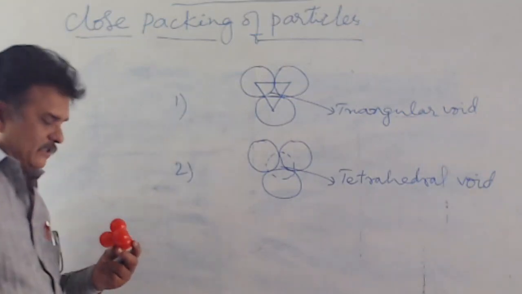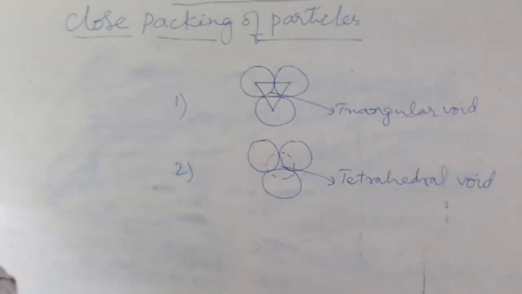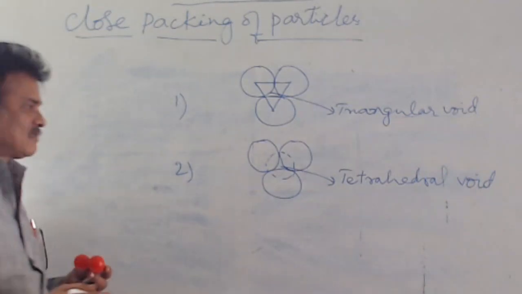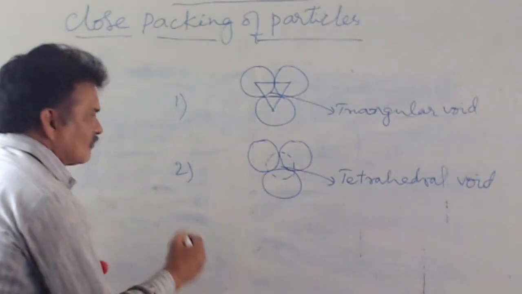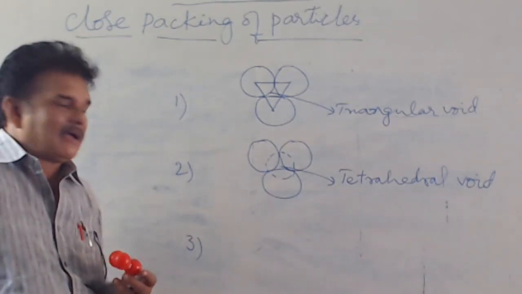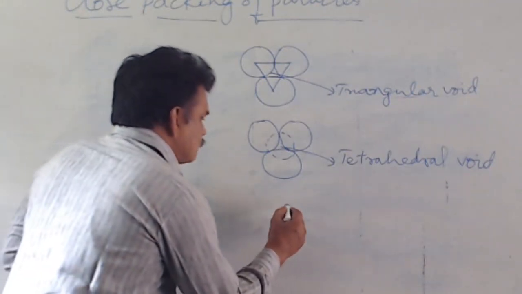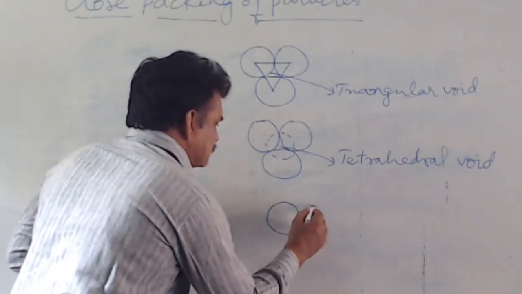Next, the third type of void is the octahedral void. Octahedral void is formed by 6 spheres.